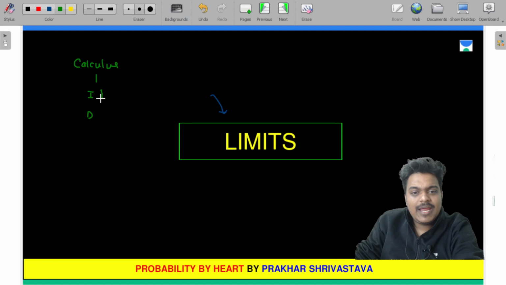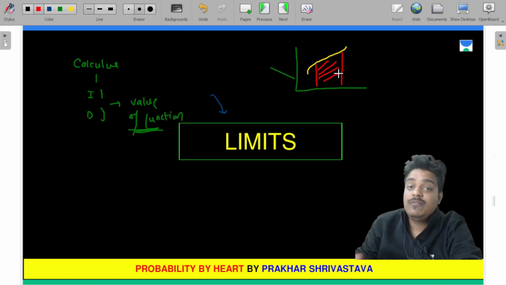Suppose you need to integrate a function from this value to this value. Obviously you are going to find the area in between, we all know that. But what is the value of the function at this point and at this point? This is very, very important. So limits actually tell you the value of a function at a particular point.